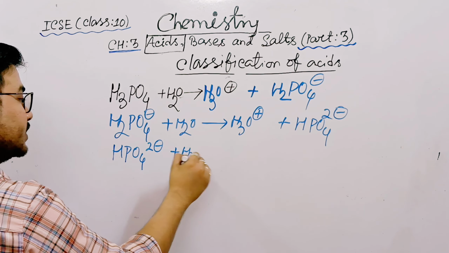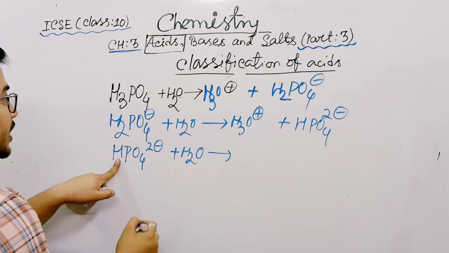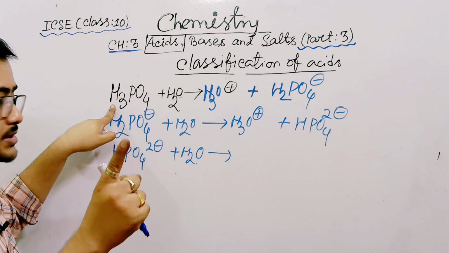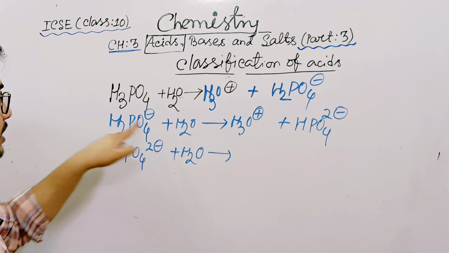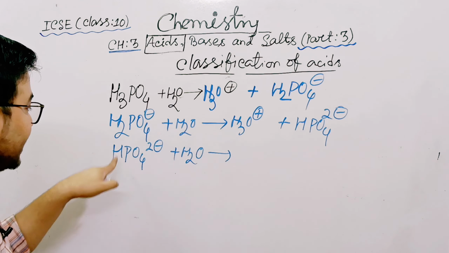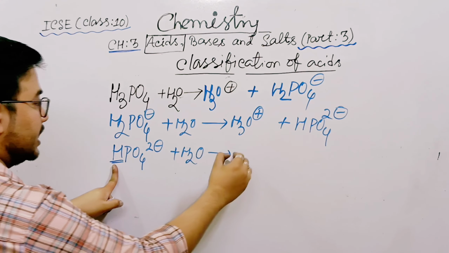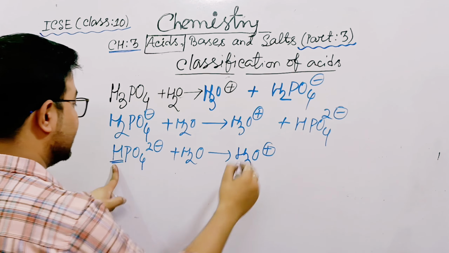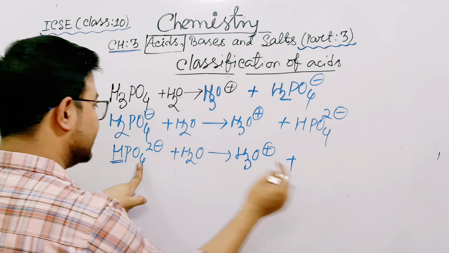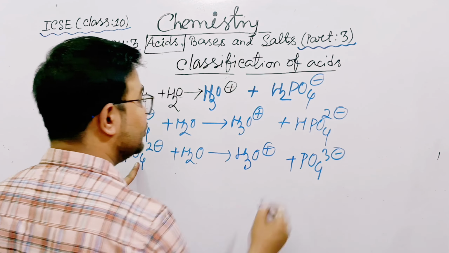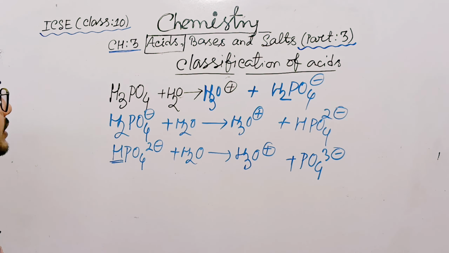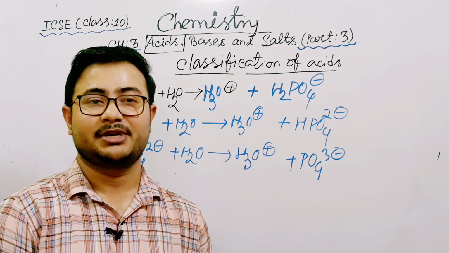Third step, again give the last H, which combines with water to form H3O plus, and again another minus. Already 2 minus we have, so we have 3 minus.